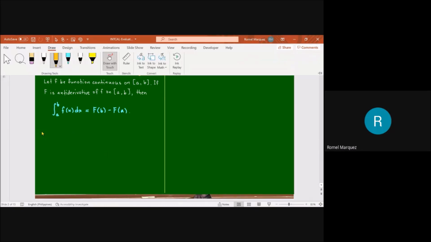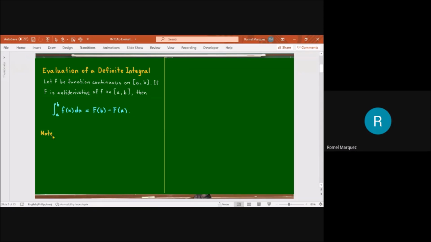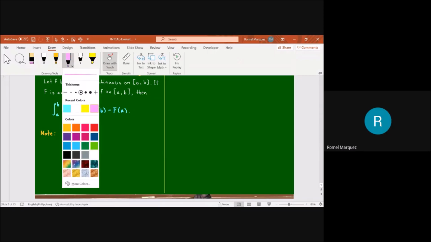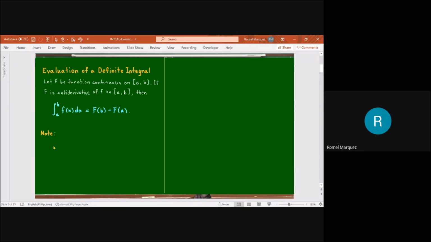Note that for simplicity, we are going to denote this difference, big F of b minus big F of a, in the following manner: big F of x evaluated from a to b.